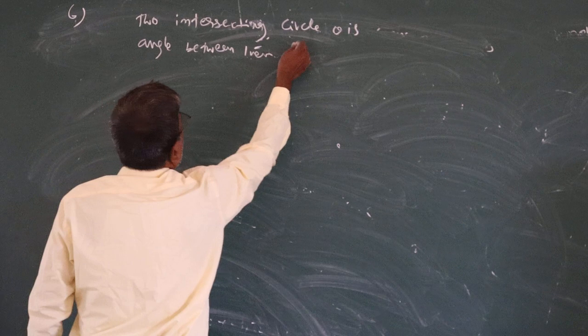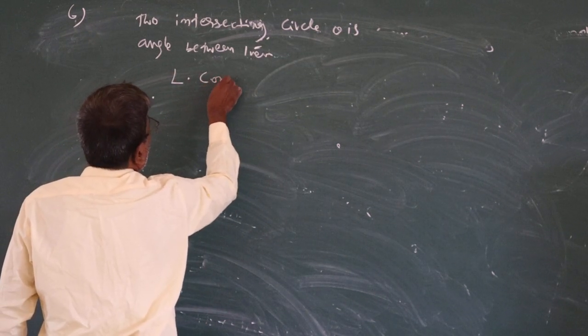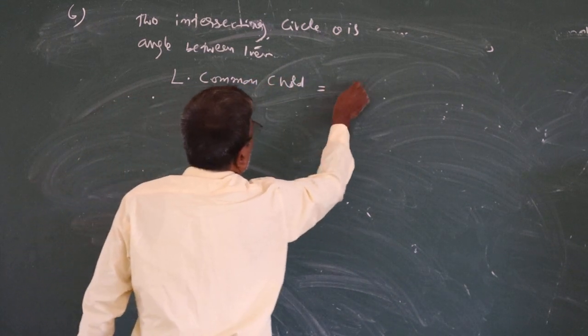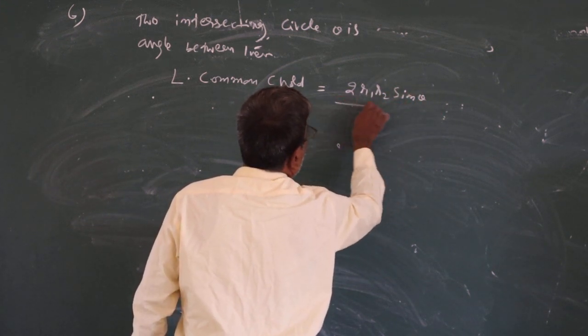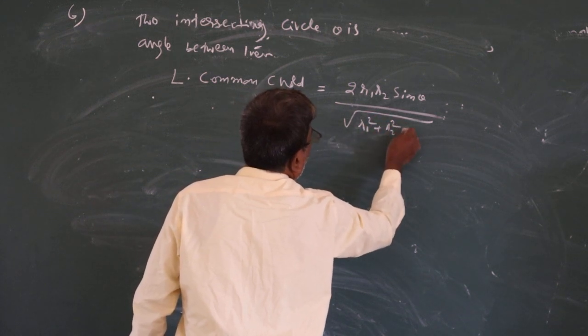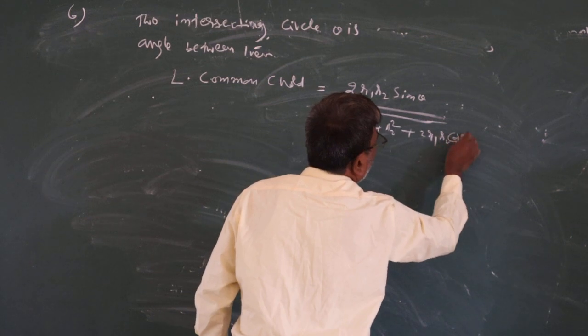Then the length of the common chord is 2 r1 r2 sin theta by root of (r1 square plus r2 square plus 2 r1 r2 cos theta).